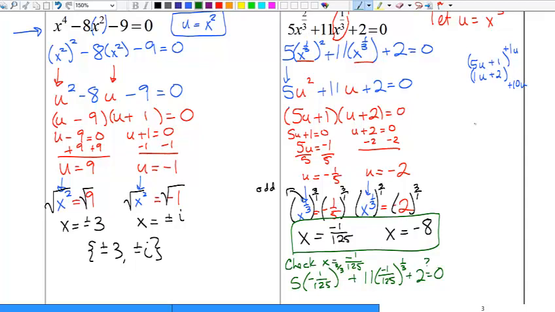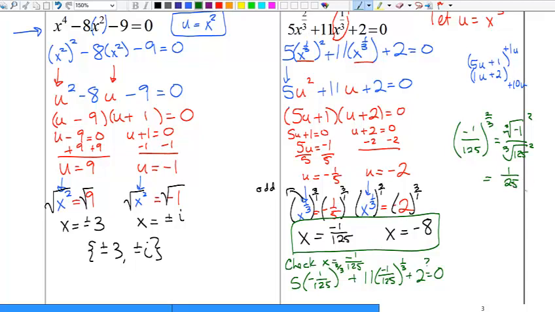Okay, so I need to work out the negative 1/125 to the 2/3, which is the cube root of negative 1 squared over the cube root of 125 squared, which is, let's see, the cube root of negative 1 is negative 1, and negative 1 squared is positive 1. The cube root of 125 is 5, and 5 squared is 25.